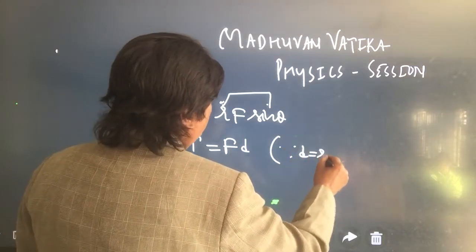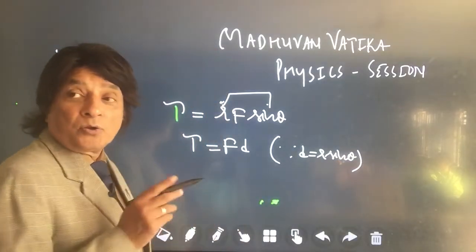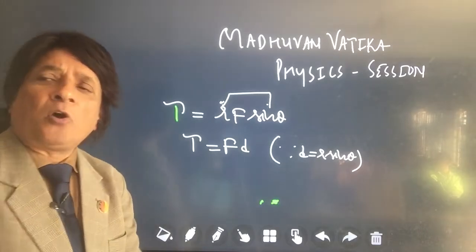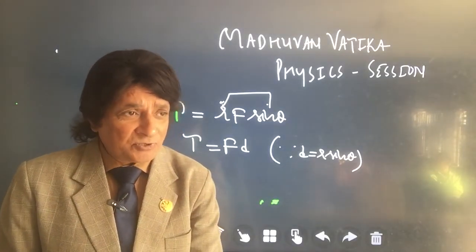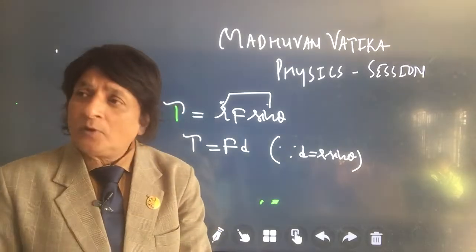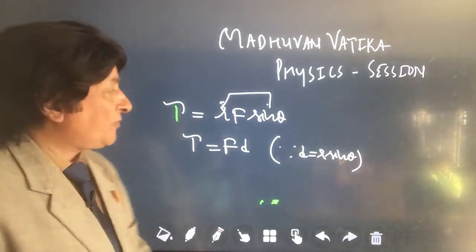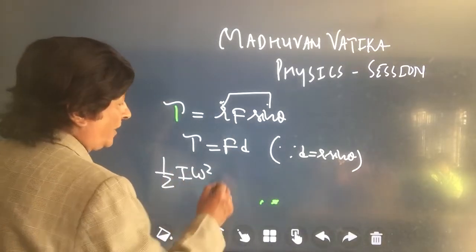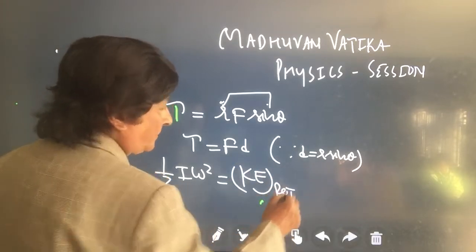D is equal to perpendicular distance, that is R sin theta, right? The moment of linear force is called torque. Hope it is clear. It was clear. We have done that. Okay. What is rotational kinetic energy? That was half I omega square. That is kinetic energy of rotation.